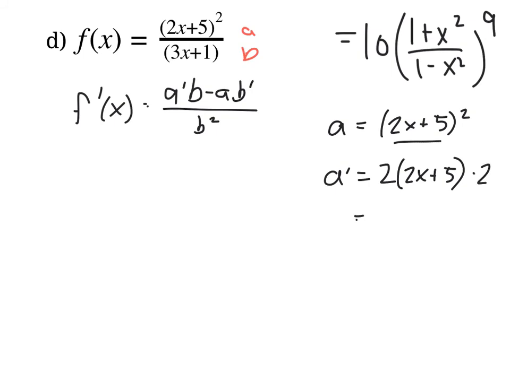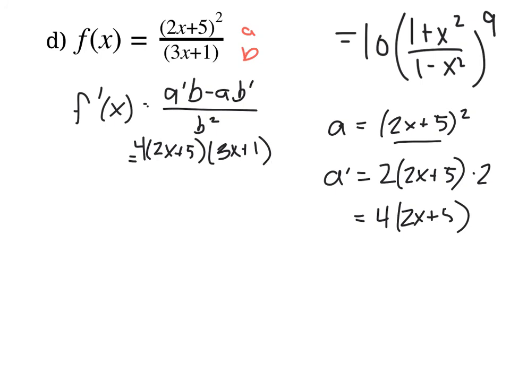So A prime really is just 4(2x + 5). Okay? So now that we know what A prime is, we can just plug everything into our equation. So A prime is just 4 times (2x + 5) times B, which is 3x + 1.